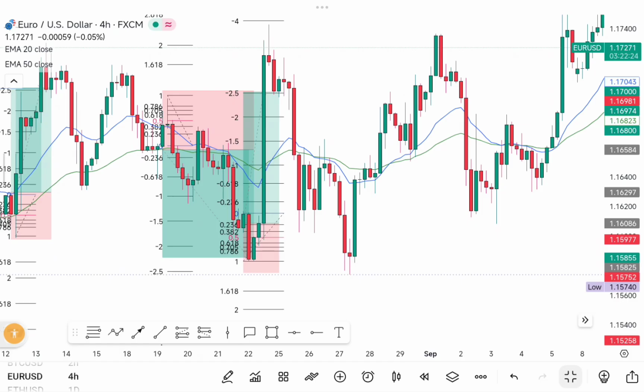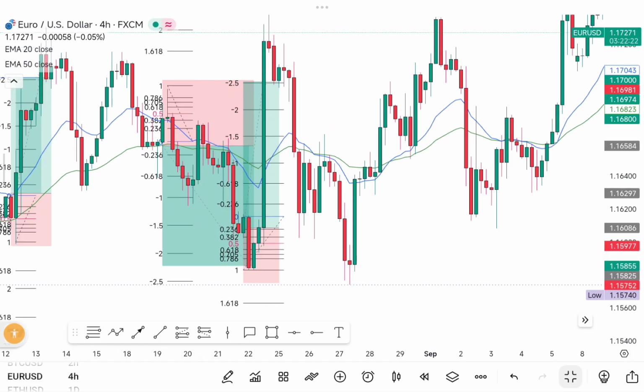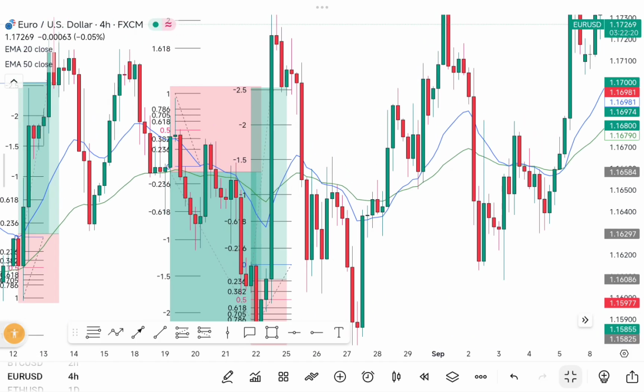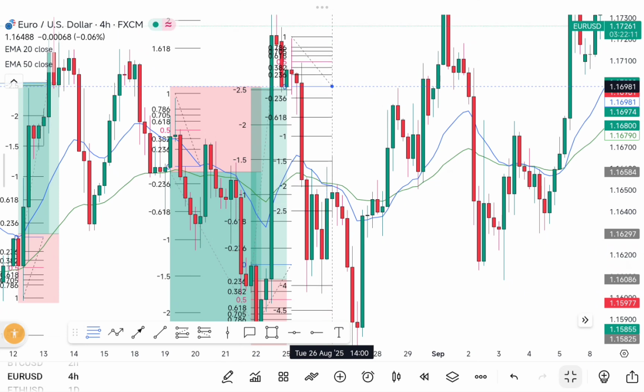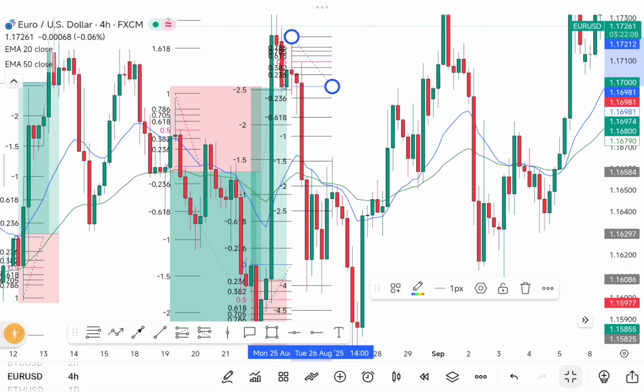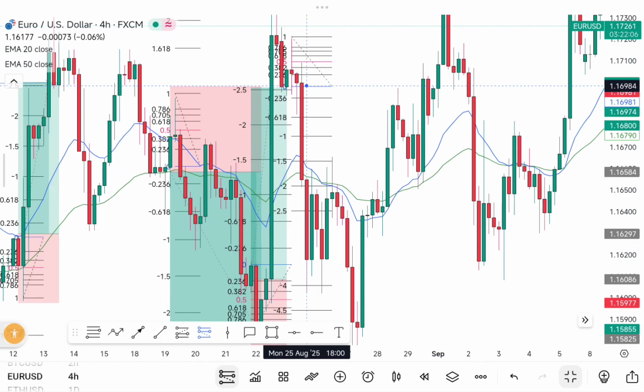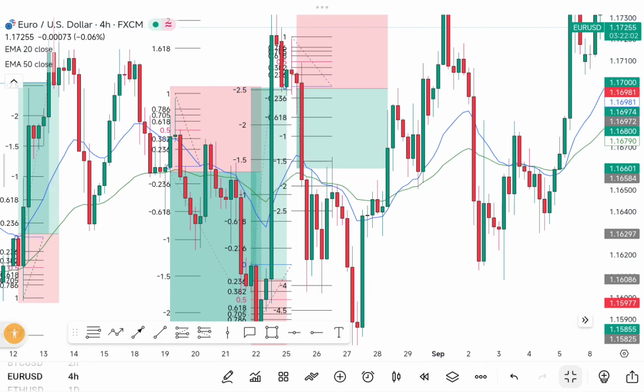As you can see from here, there you go, top down to the nearest break of structure. Then we make our entry. This tends to always repeat itself.